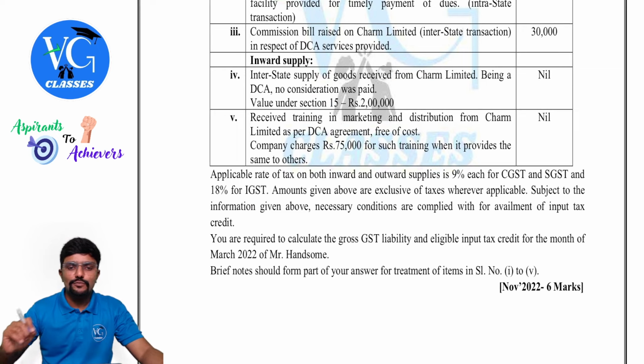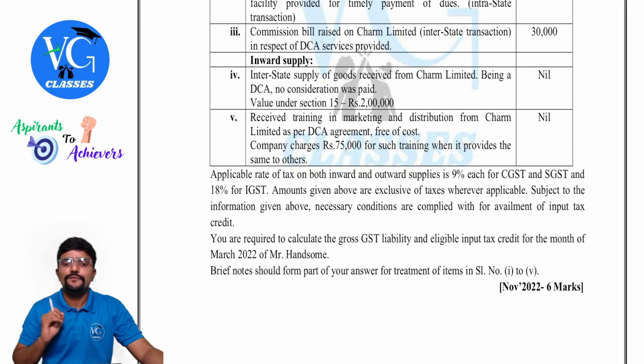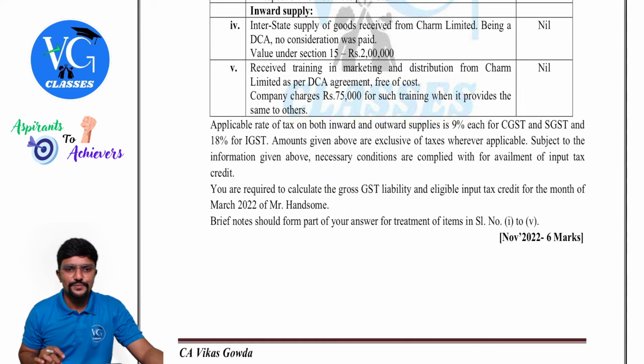Applicable rate of tax on both inward and outward supplies is 9% each for CGST and SGST and 18% for IGST. Amounts given above are exclusive of taxes wherever applicable. Subject to information given above, necessary conditions are complied with for availment of input tax credit. You are required to calculate the gross GST liability and eligible input tax credit for the month of March, guys.